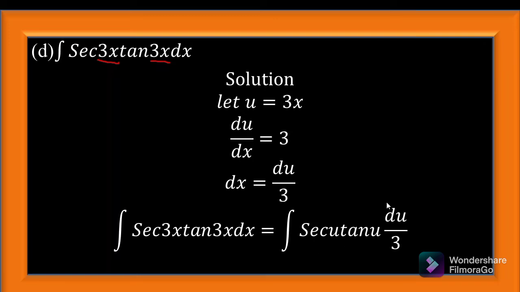What has happened is that we have simply substituted for 3x as u, as you can see. Now we have sec u tan u. And we have also substituted for dx as du over 3. That is why I have du out of 3 here. So when you do this again, you realize that a third is a constant. It can come out of the integral sign.